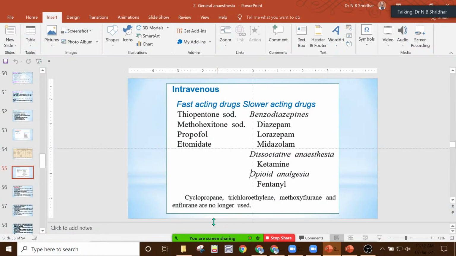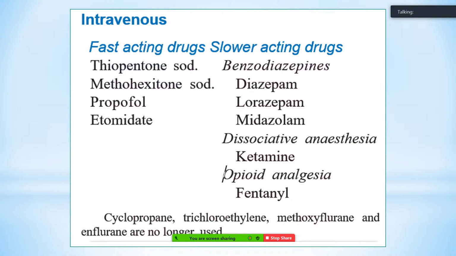So coming to the anesthetic agents, especially intravenous anesthetics, fast acting drugs and slower acting drugs are there. Fast acting drugs like thiopental sodium, methohexital sodium, propofol and etomidate are very fast acting, whereas the slow acting drugs are benzodiazepines like diazepam, lorazepam, midazolam.